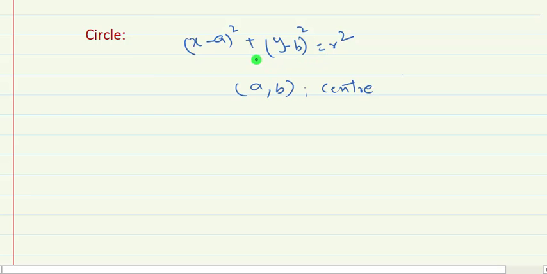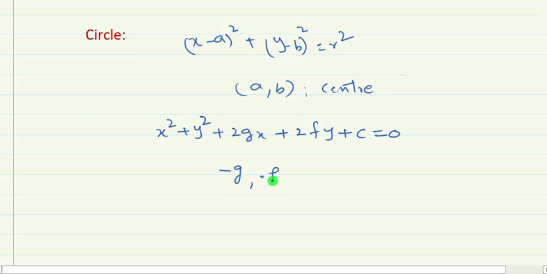So by looking at the equation given to us, if the equation of circle is given, then we can easily find out its center and radius by converting it into this form, or we can take the form of circle as x square plus y square plus 2gx plus 2fy plus c is equal to 0. From this equation, we can also find out easily the coordinate of center.